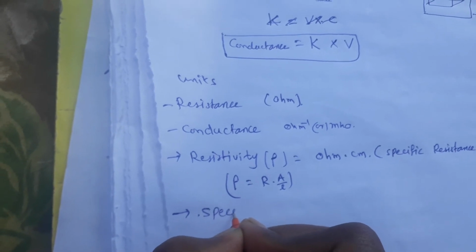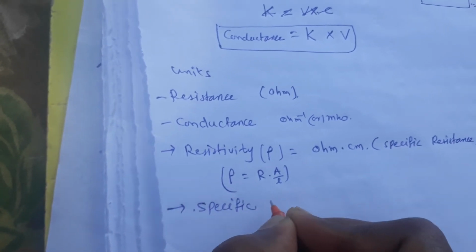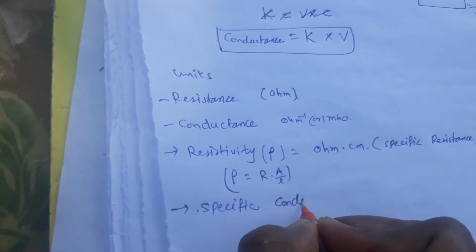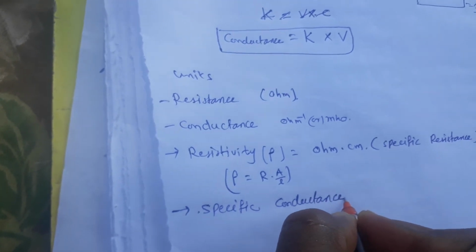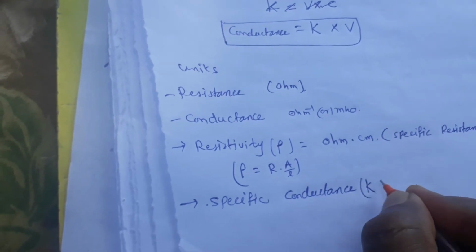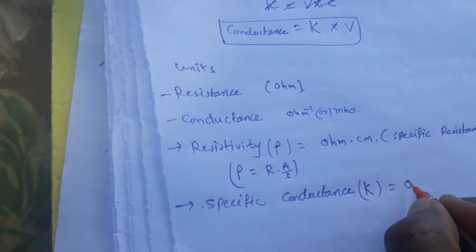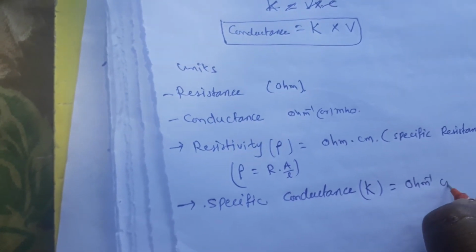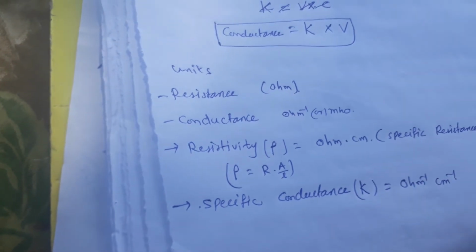And another thing is specific conductance. It is also conductance, but we are specifying it. So specific conductance kappa is ohm inverse centimeter inverse. Why?